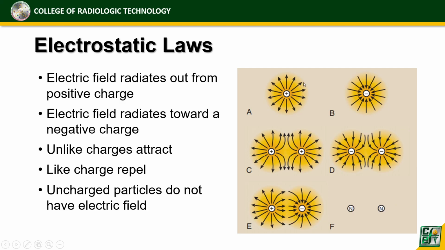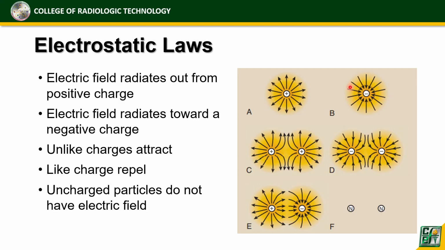Okay. So makikita natin dito sa illustration, okay? So letter A, sinasabi dito yung electric field radiates out from the positive charge. So kung makita yung direction ng electric field niya ay outward. And kapag negative charge, siya ay inward towards the negatively charged particle.